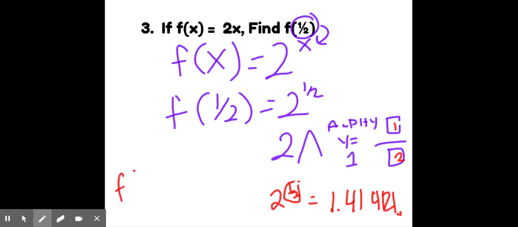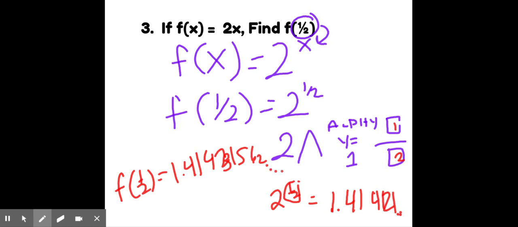So f of 1/2 is equal to 1.414213562... Okay? So make sure that you understand how to plug that into your calculator. That's a big piece of information. All right, get that down. Pause the video if you need to.